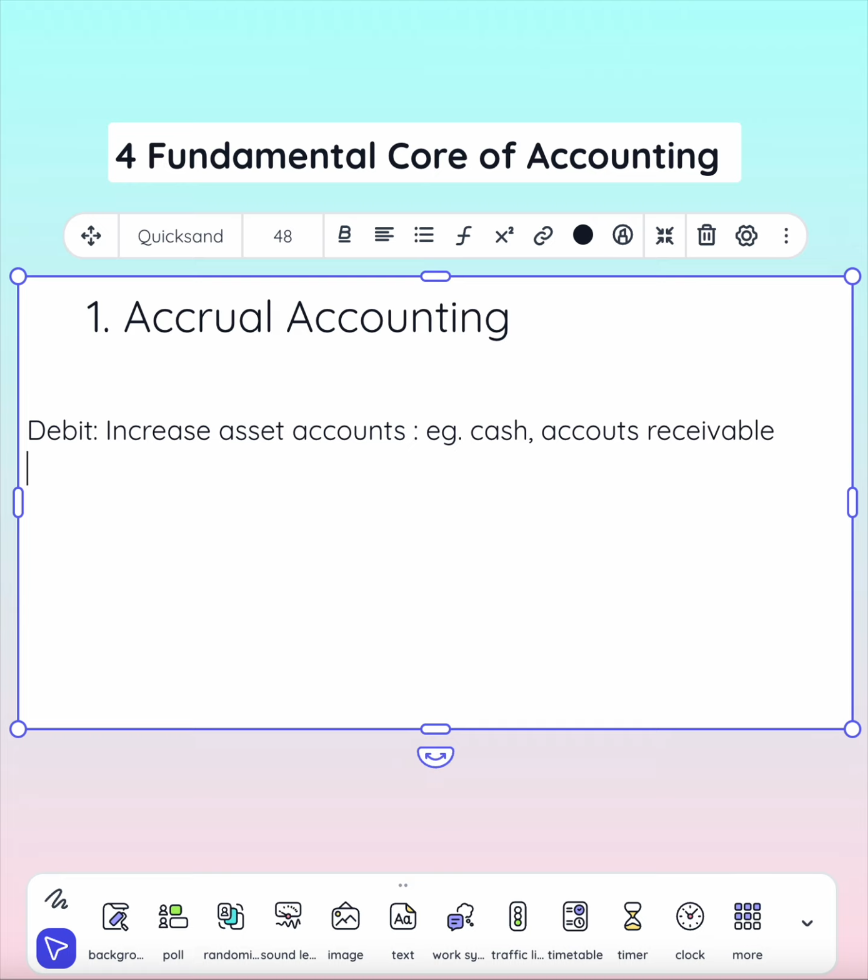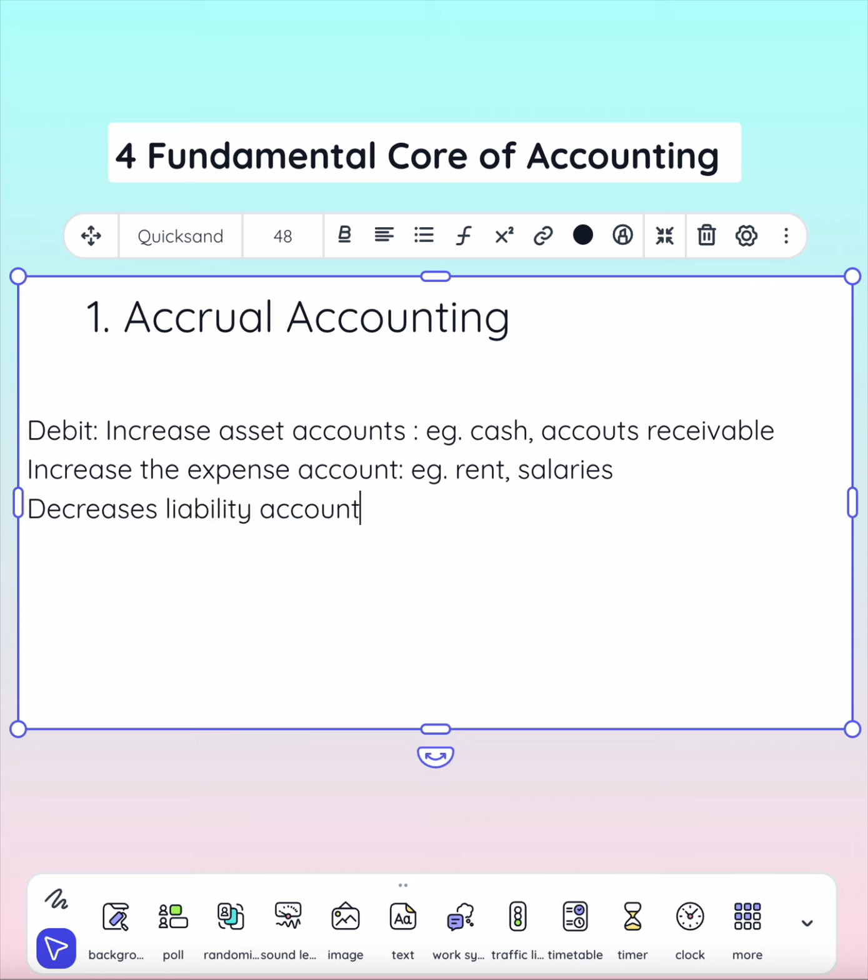It also increases the expenses accounts, for example rent and salaries. It decreases the liability accounts, for example accounts payable and loans.